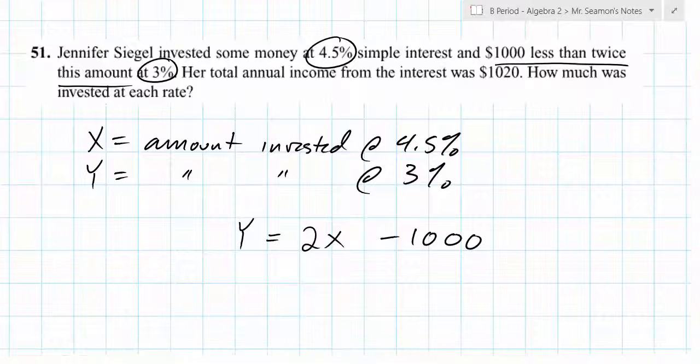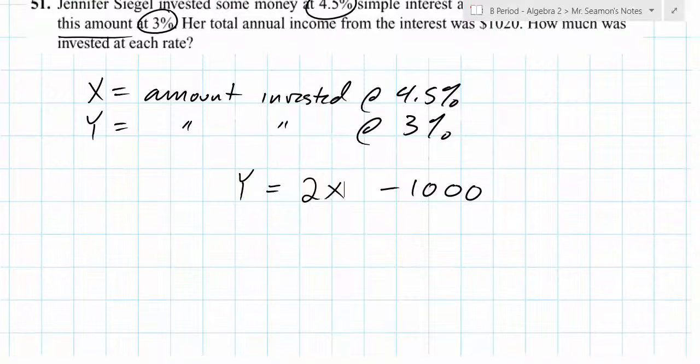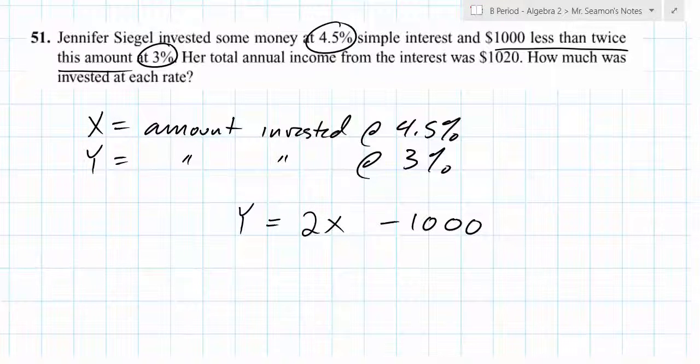Her total annual income from the interest was $1,020. Now, when you're dealing with interest, let's say I said there's $100 in your account and you earned 5% interest. How much money did you earn in interest? Percent is not money. $5.